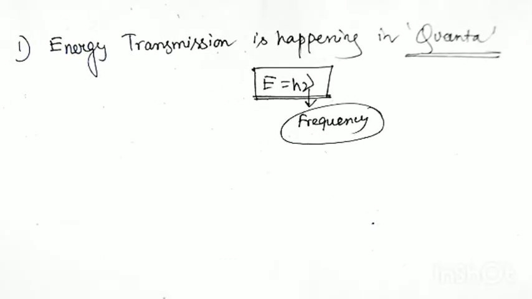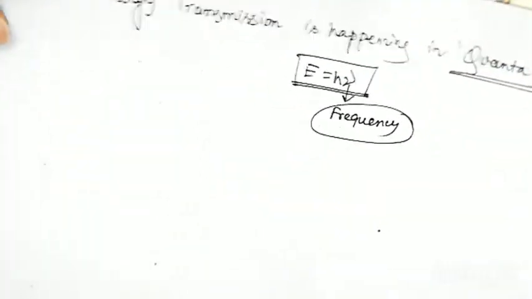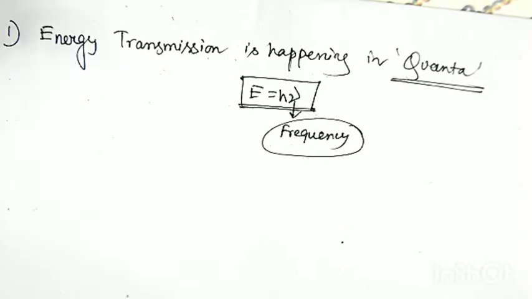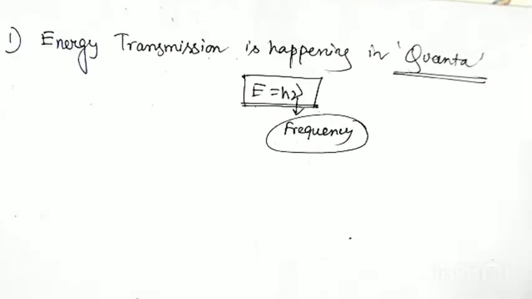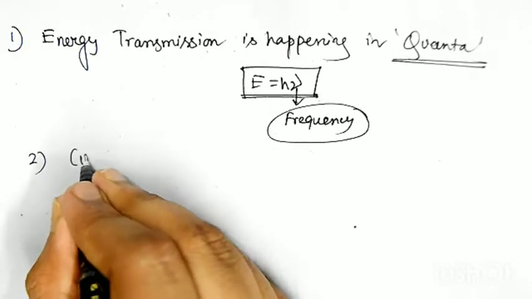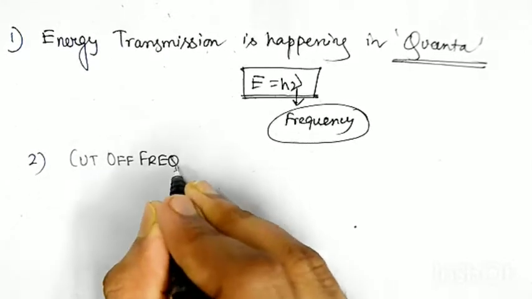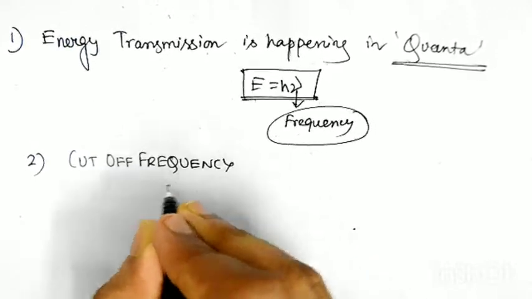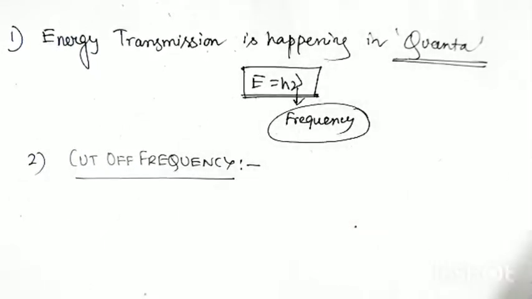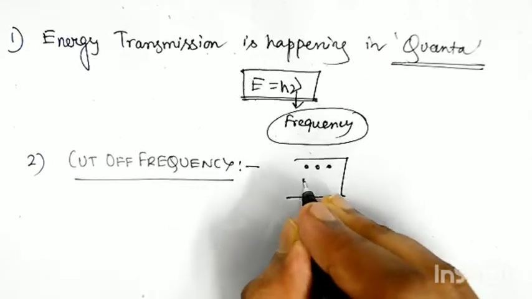The next problem was that there is always a minimum frequency below which no emission happens, which was called the cutoff frequency. It's very simple. In a surface, electrons are present.